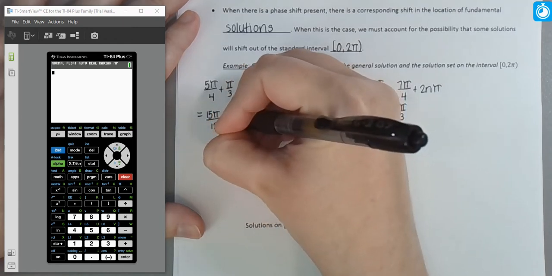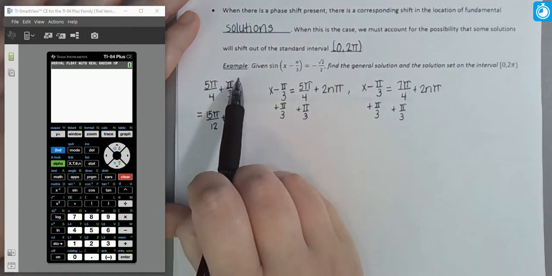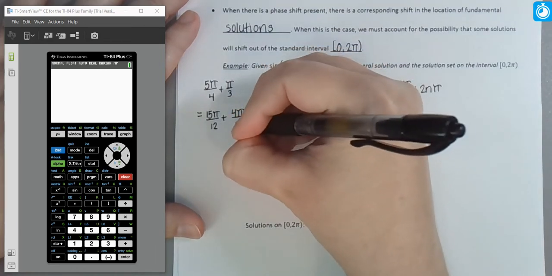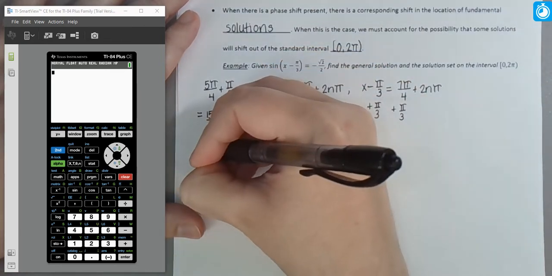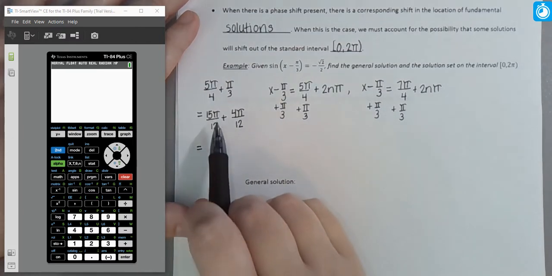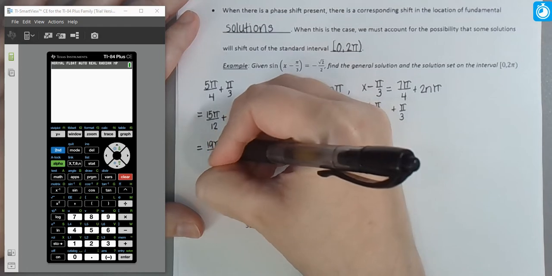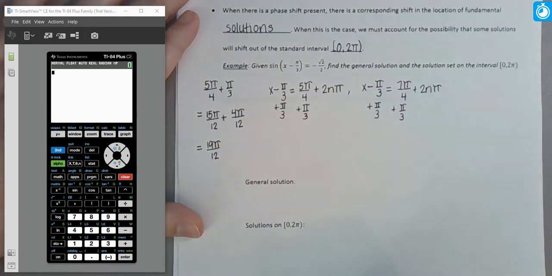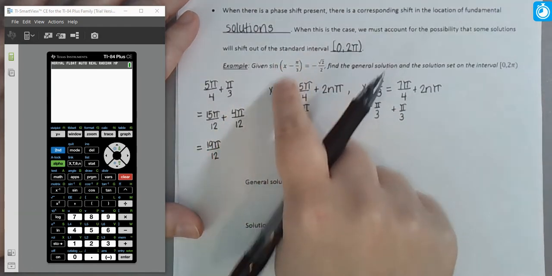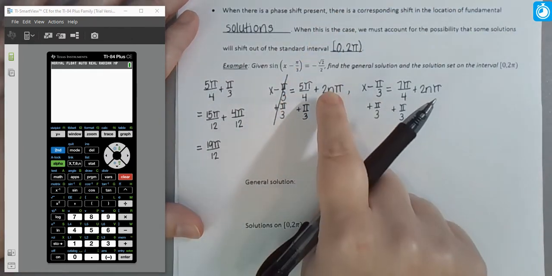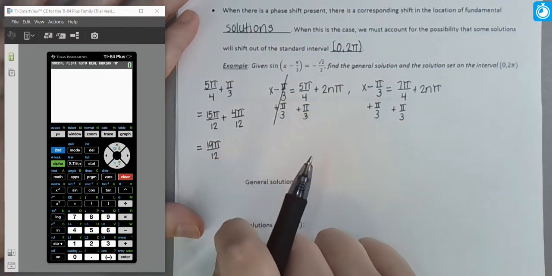And if we wanted 12 here, we need to multiply by 4 over 4. So 4 pi over 12. Combining together, that's going to be 19 pi over 12. So by doing this, our x is isolated, and then we have a rotational component to continue to rotate from there.